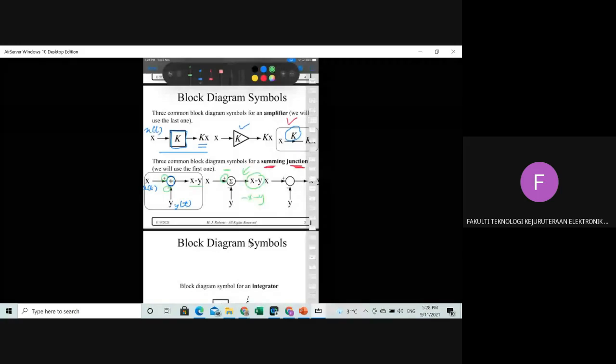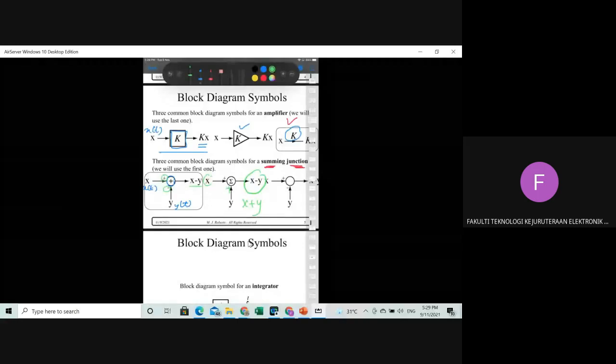The sign shows positive times whatever input and negative times whatever input. If you have both positive, your output here is x plus y. This is how we do summation.